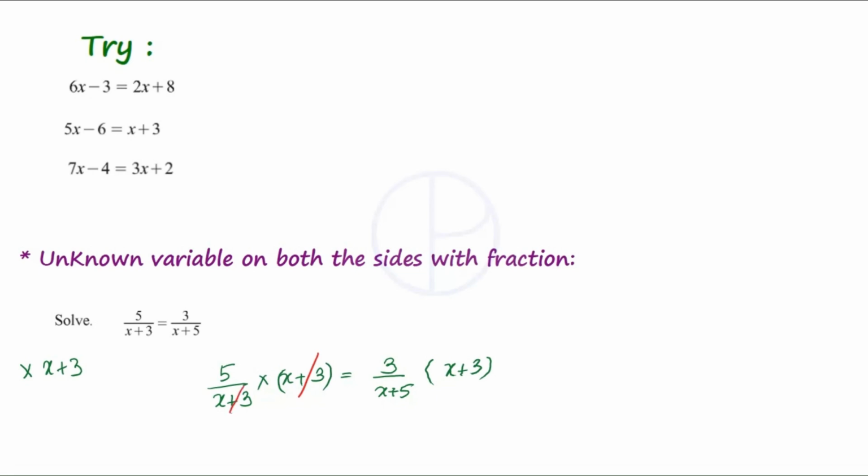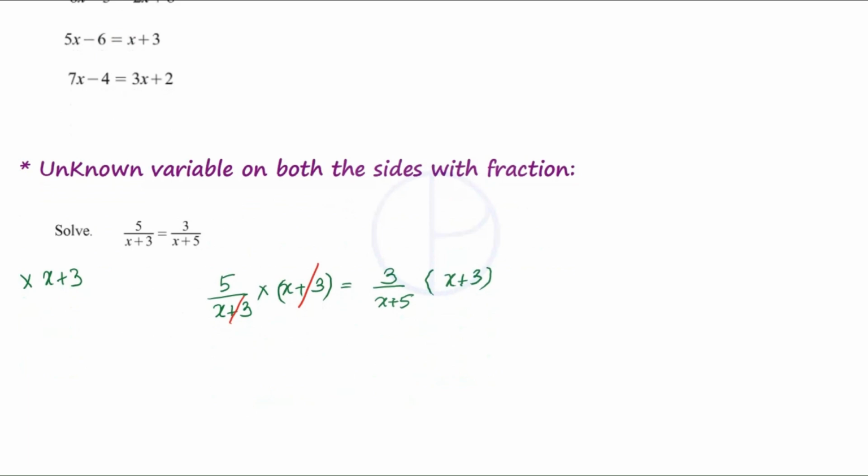So we will get 5 is equal to 3 times x plus 3 divided by x plus 5. So we have to eliminate this denominator also, x plus 5.